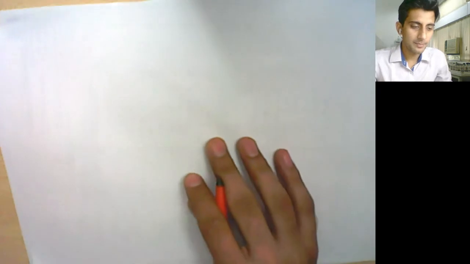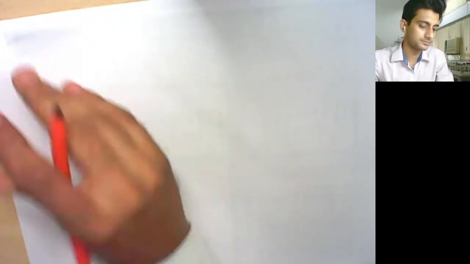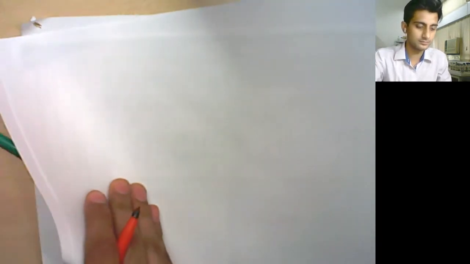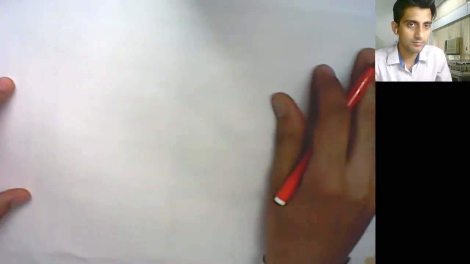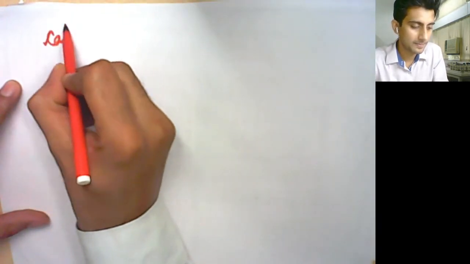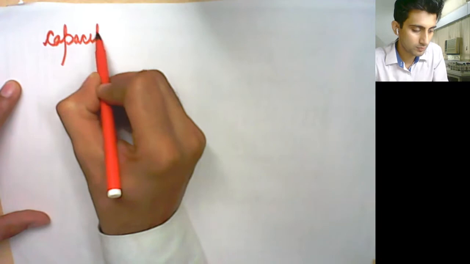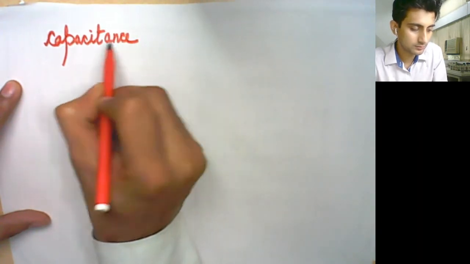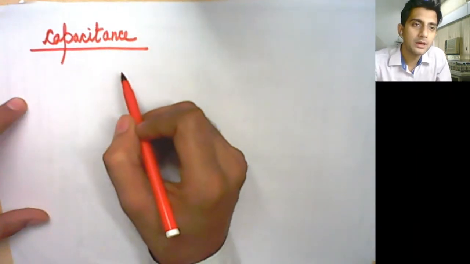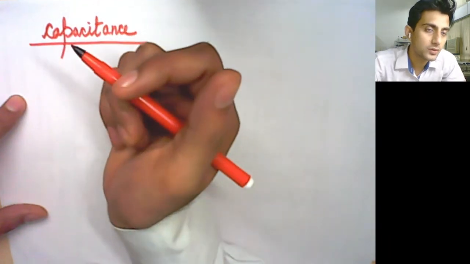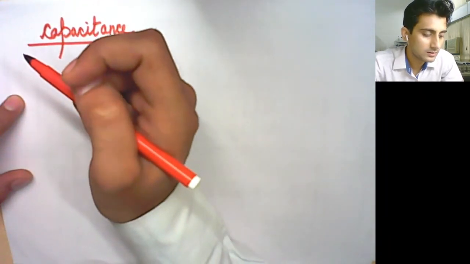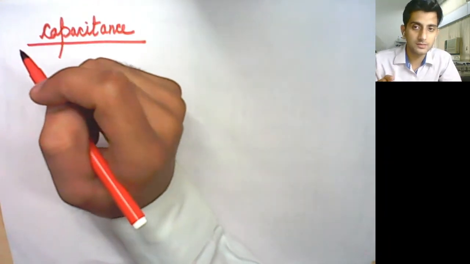For the case of capacitance, which equation do we write in terms of voltage and current?